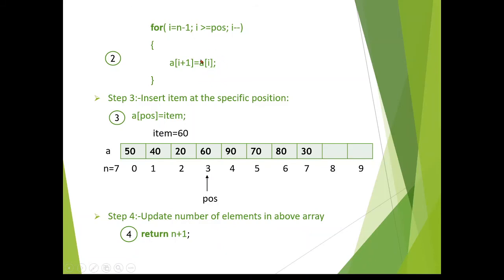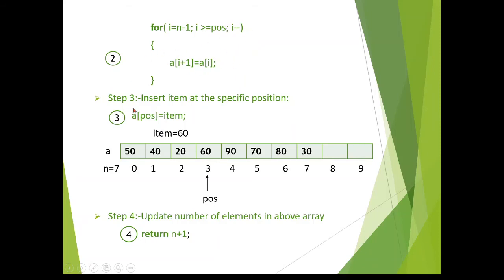The element present at position 6 is assigned to position 7. In this way, the for loop goes on moving the elements further.